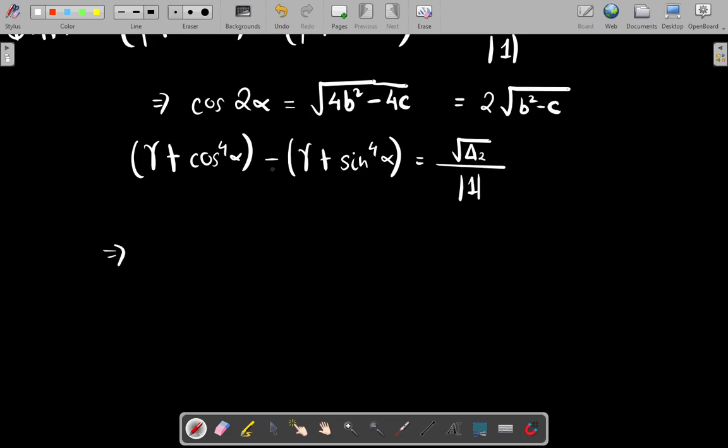Now we are left with cos to the power 4 alpha minus sine to the power 4 alpha, right? So we can write it as cos square alpha whole square minus sine square alpha whole square, a square minus b square, right?